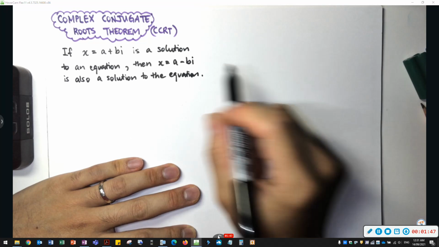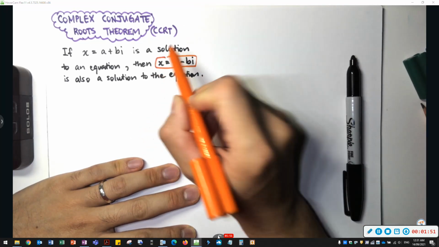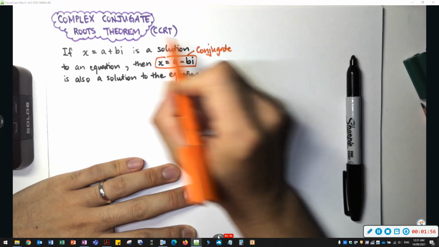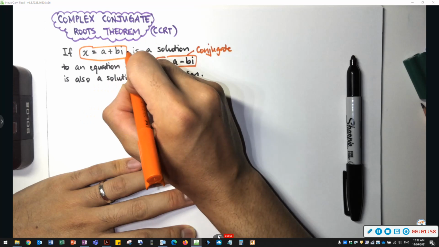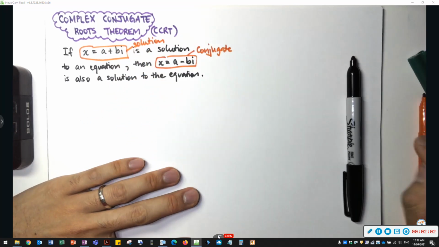So simply just noting that this is the conjugate of the first solution. Alright, so let's have a look at how that works.